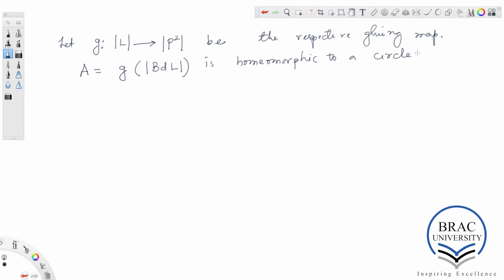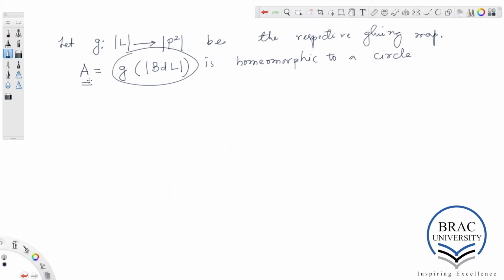And the boundary of the Mobius band can be attached to the boundary of the cutout smaller disk to give the real projective plane. And hence, the boundary of the Mobius band, which is glued to the boundary of the 2 disk, is precisely this guy, which we denoted by A.